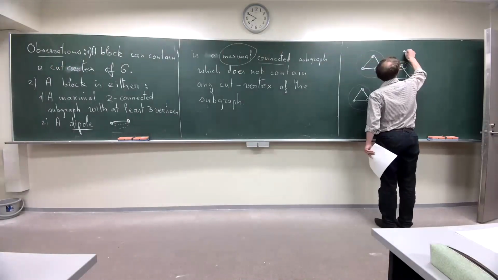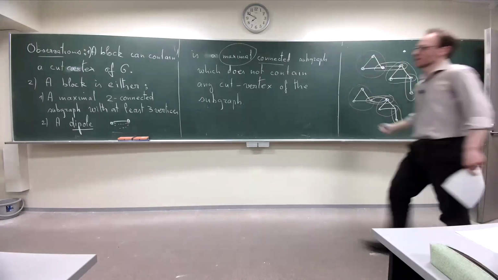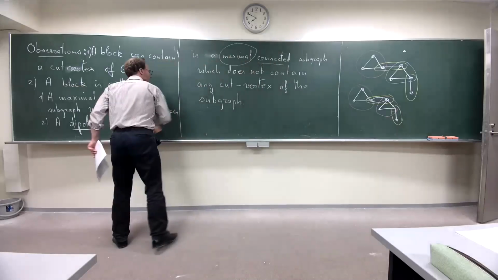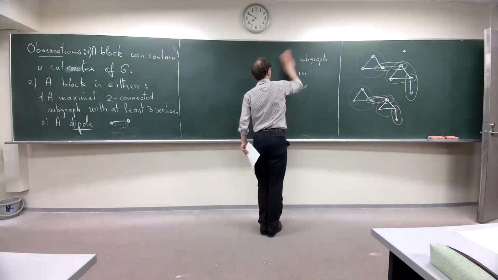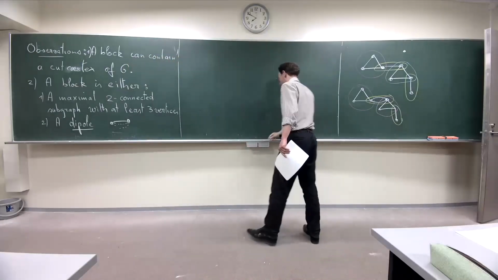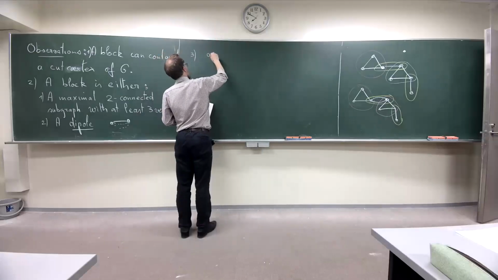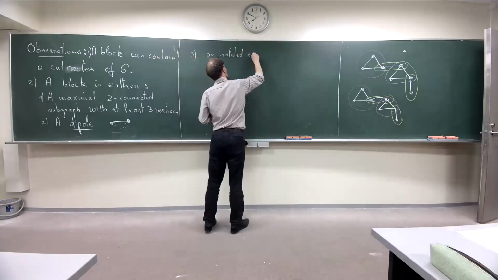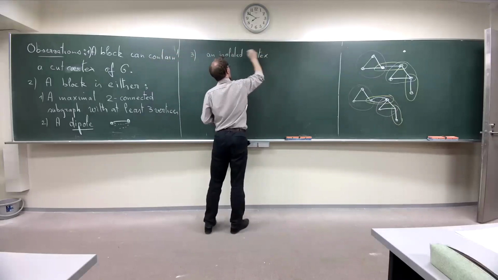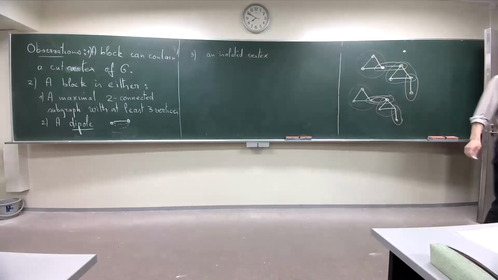A poor, lonely guy. The third option is a single vertex, an isolated vertex. So 1, 2, 3. Isolated. So you can check, and this is probably interesting, do more pictures and check that you have only three solutions.